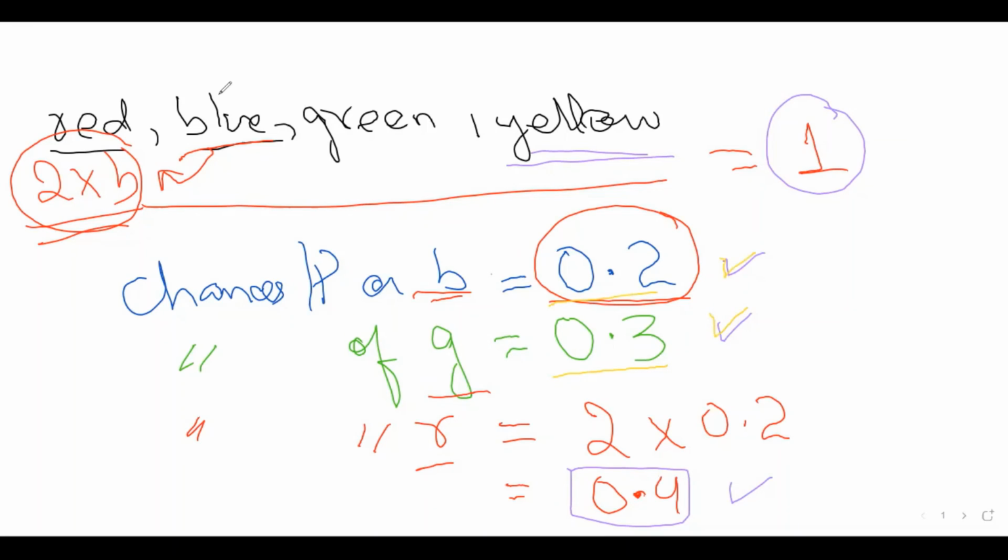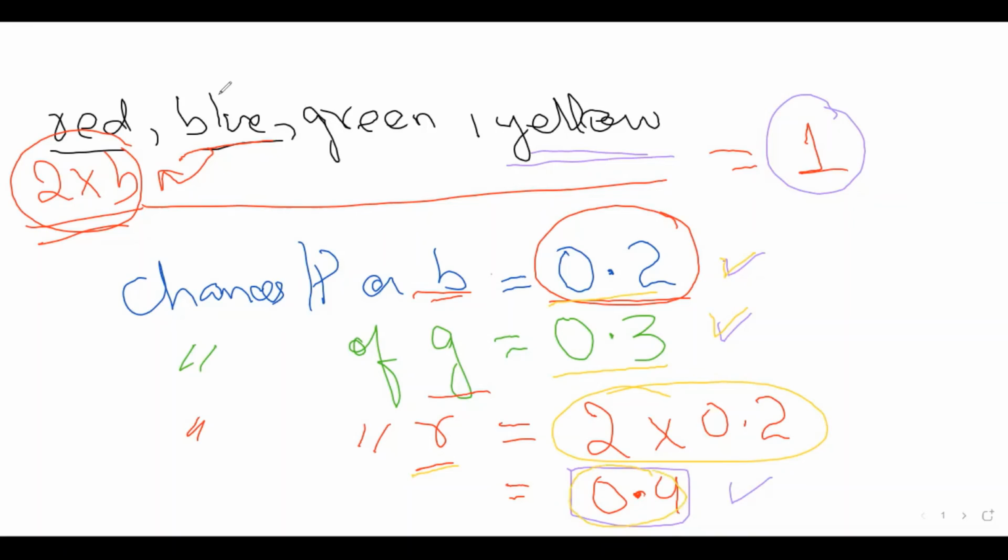So we can find the probability of red. Because it is twice that of blue, we multiply 2 with the probability of blue, so we have the answer 0.4.